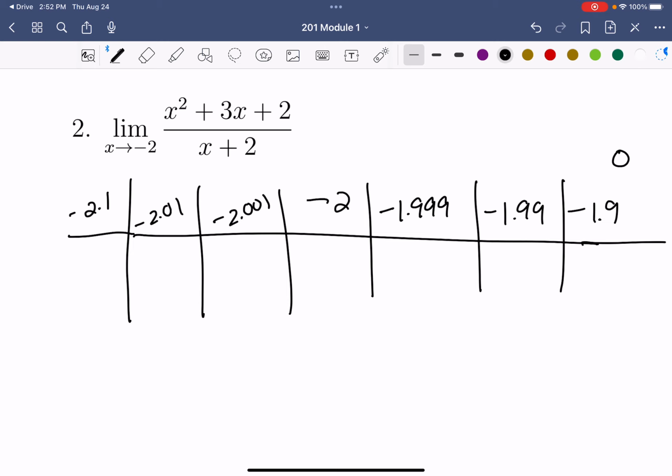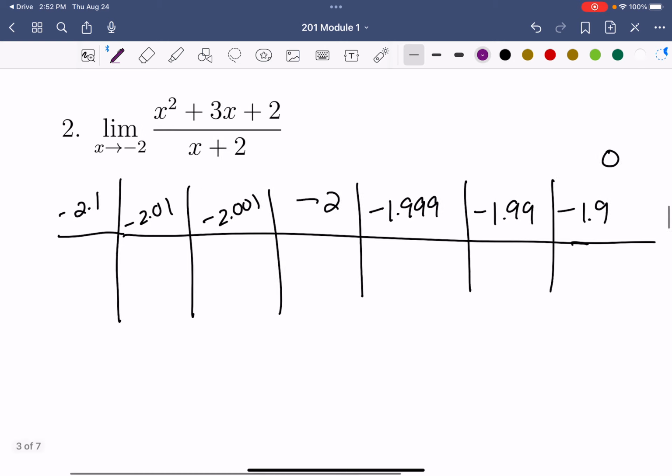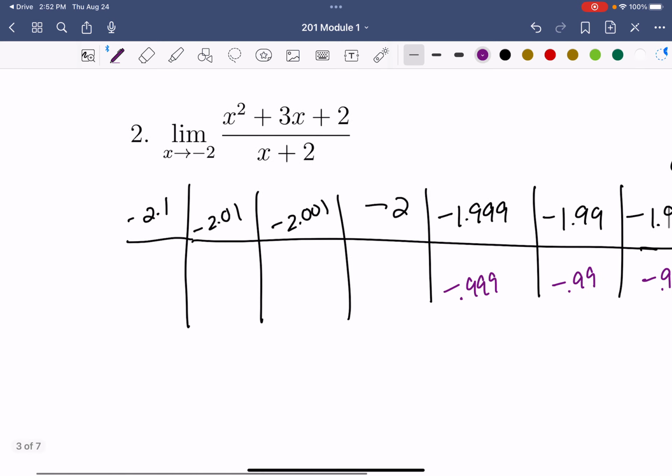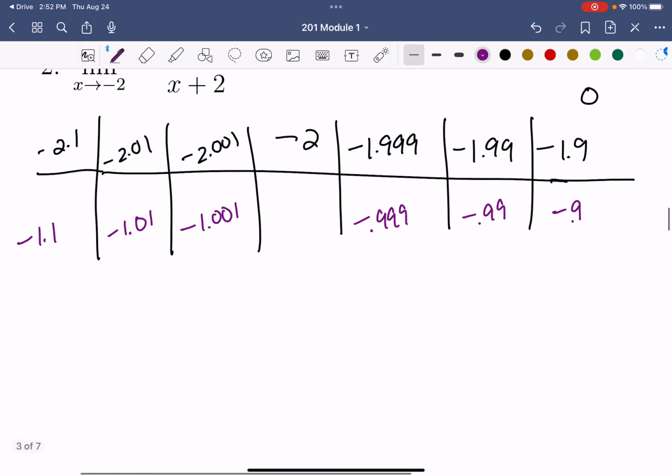But what you should get, as I've done this ahead of time, is negative 0.9, negative 0.99, negative 0.999. Over here on the right, you're getting negative 1.1, negative 1.01, negative 1.001. So what's happening? On the right-hand side, as we get closer to negative 2, we're going from negative 0.9 to negative 0.999, so we're approaching negative 1.